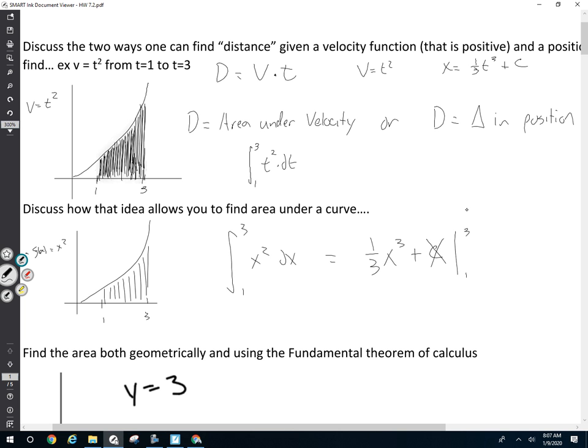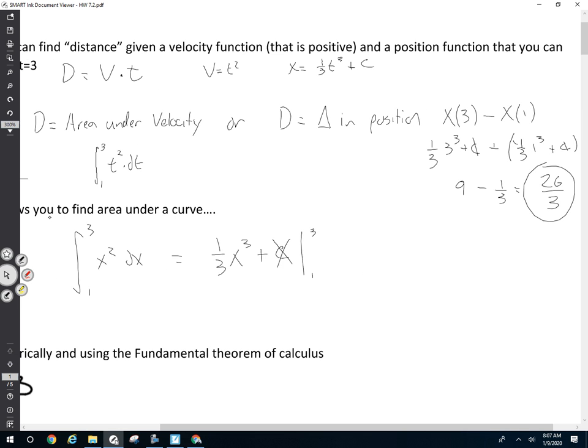I like to put this line here to represent we're finding the change. And again, we'll do the work to get 9 minus 1/3, which is 26 thirds. Okay?